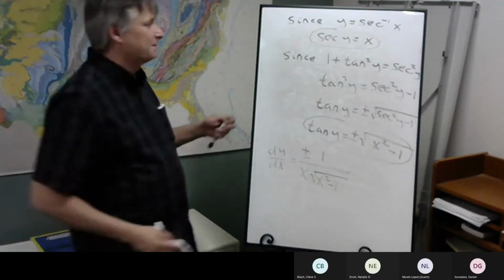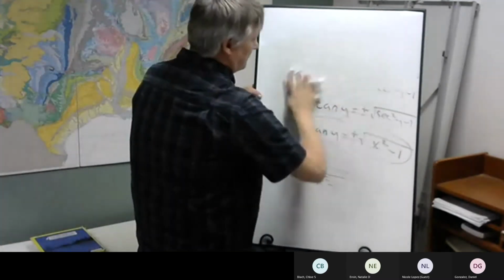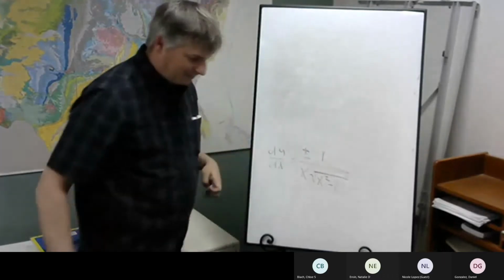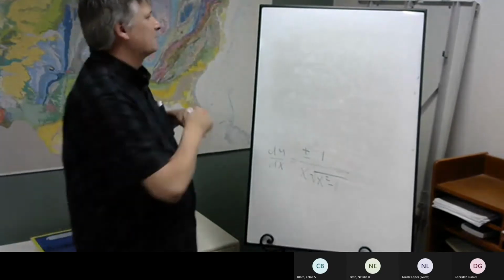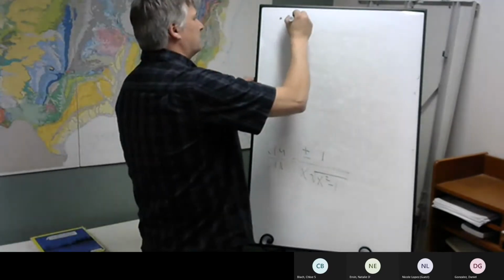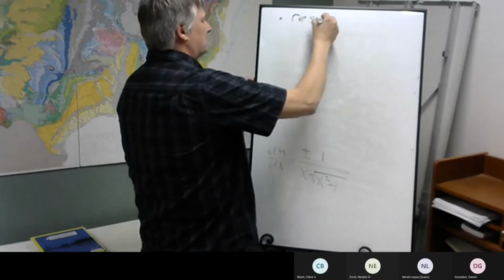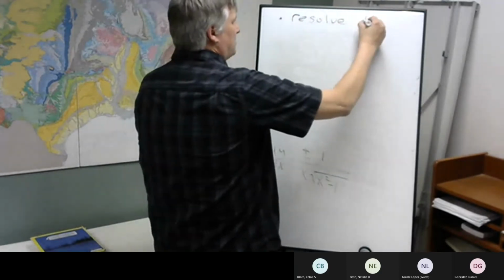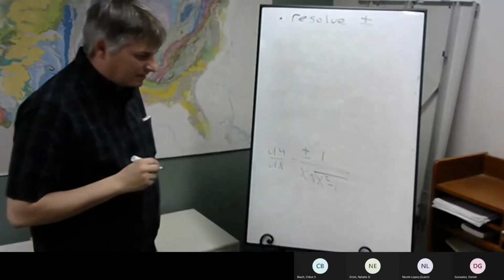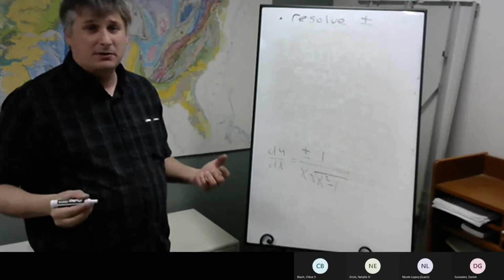So what should we do here? Well, we're going to make an observation. We're going to try to resolve the plus or minus, and the way we're going to do it is this.